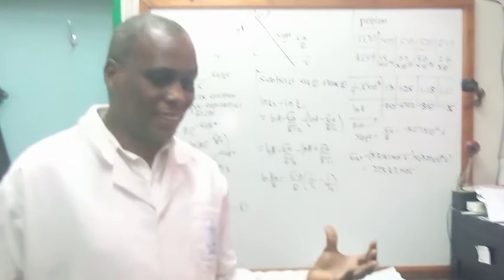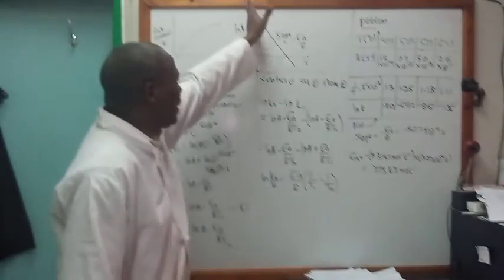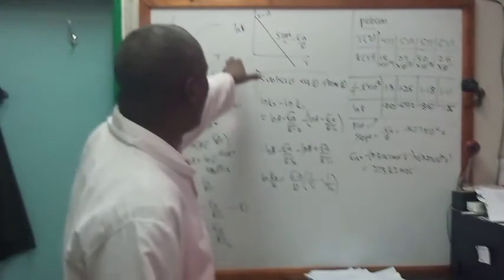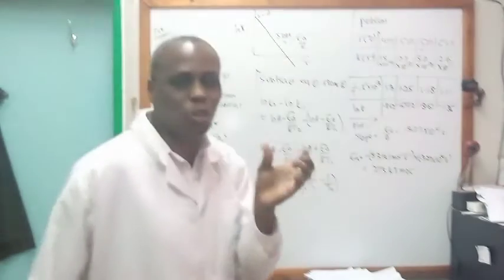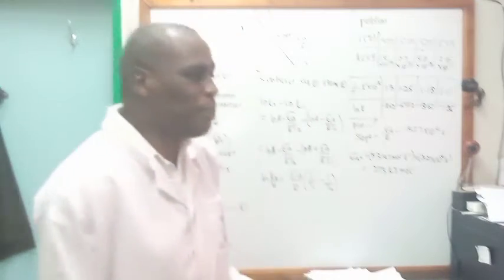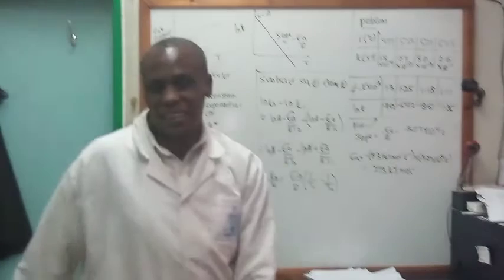Then he got an interesting result, and that interesting result is a straight line going down. So there was the log base e, not the log base 10, log base e of the rate constant plotted against the temperature.